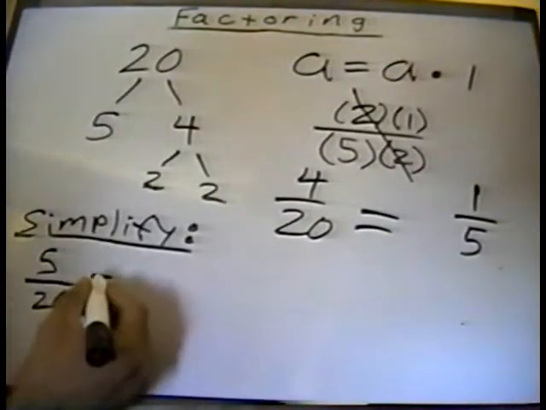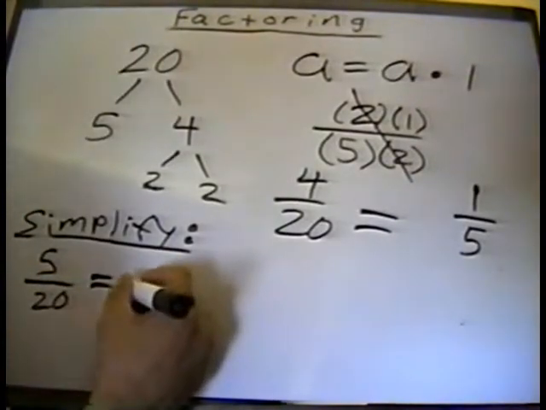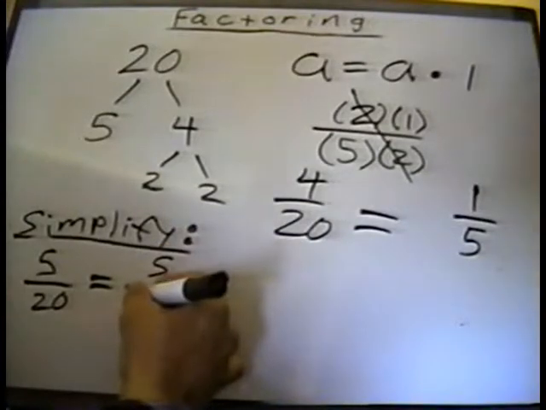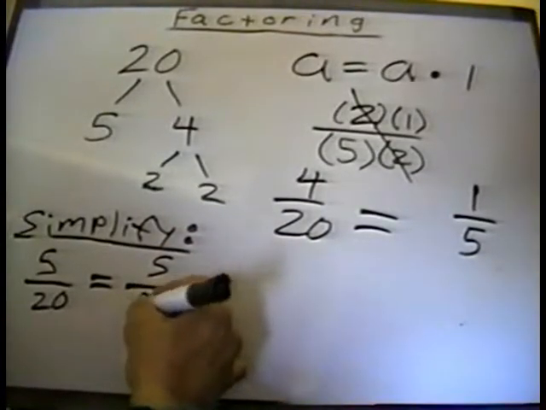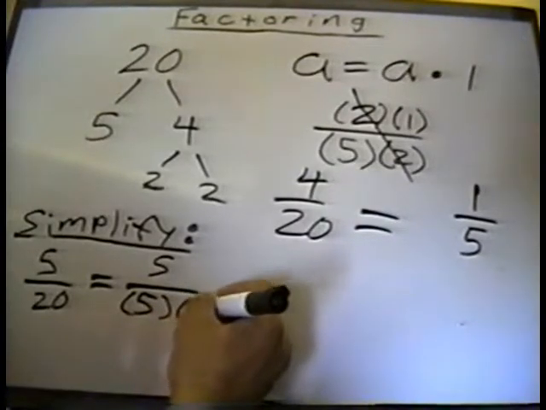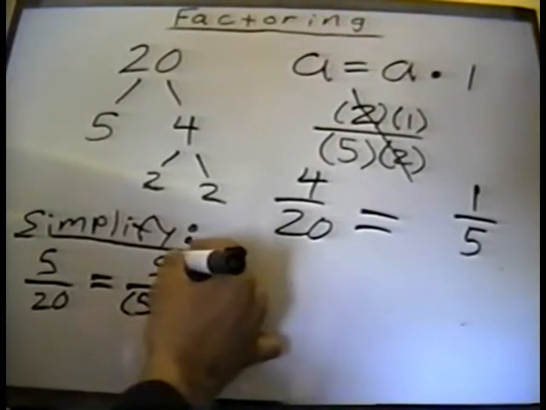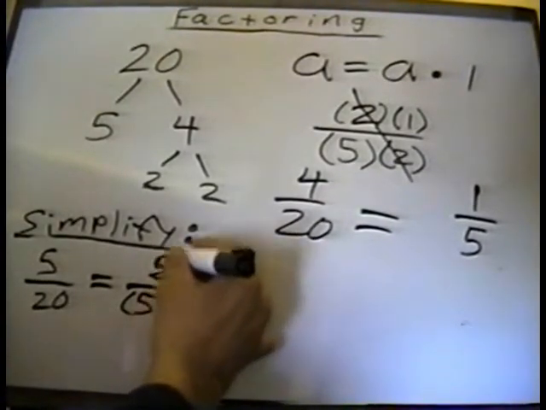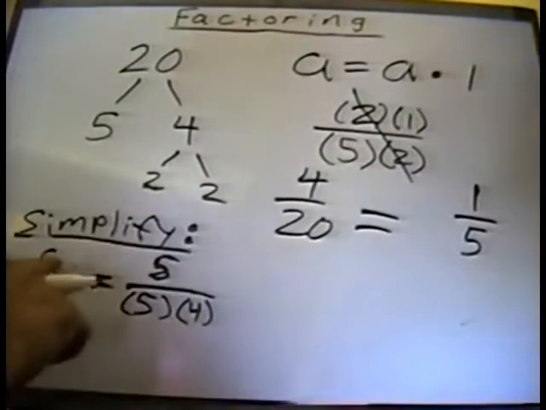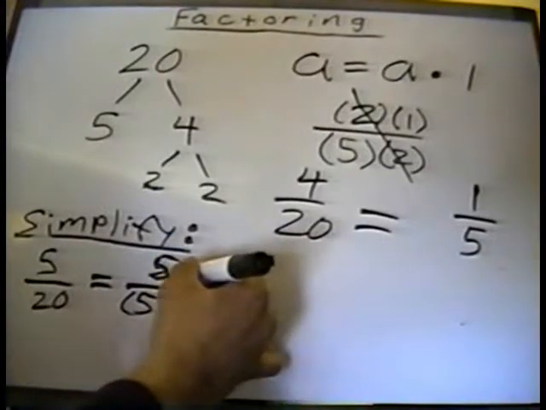Now 5 is a prime number, so there are no factors of 5 other than 1 and itself. So we're just going to deal with 1. 5 and 1. So we just write 5 over again. Now 20 can be factored into 5 and 4.